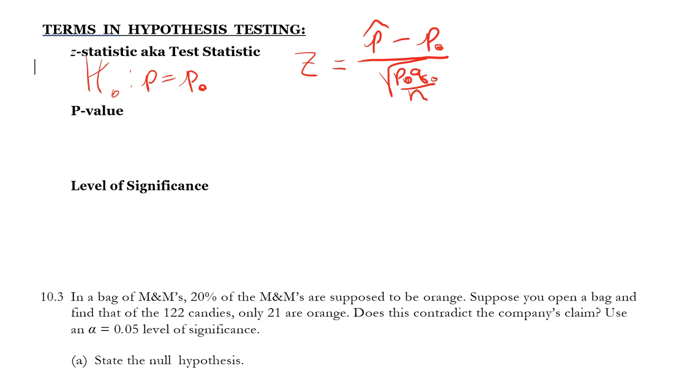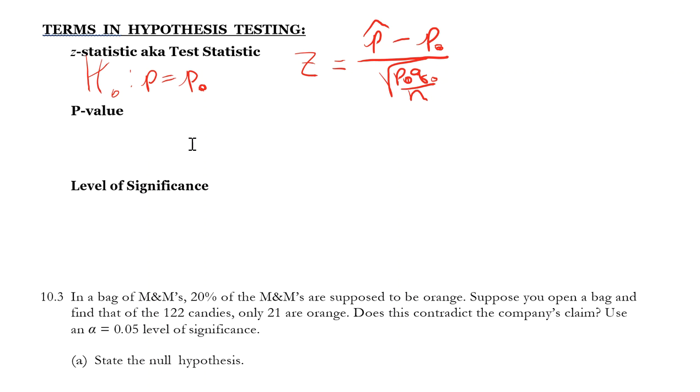So notice you're always using the null to build this. And it acts like a z-score. So the larger it is, or the farther it is from 0, the more unusual it is. That's all. Alright, p-value. P-value I can do in words.